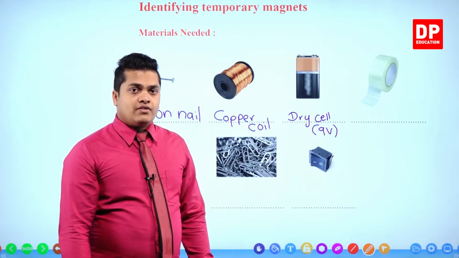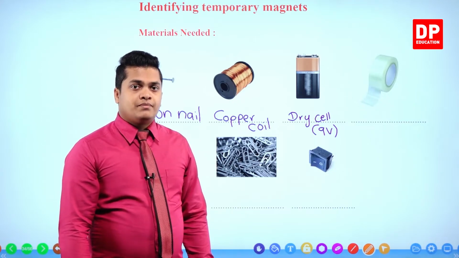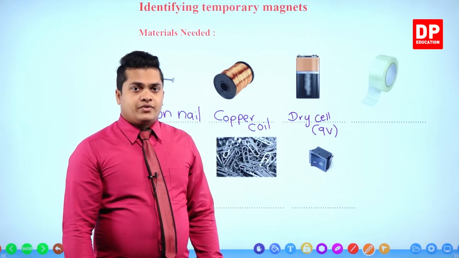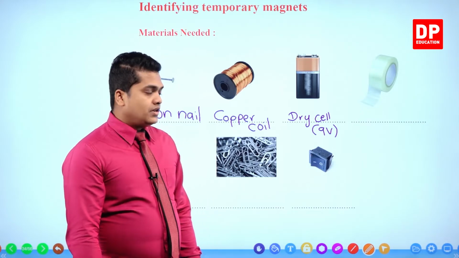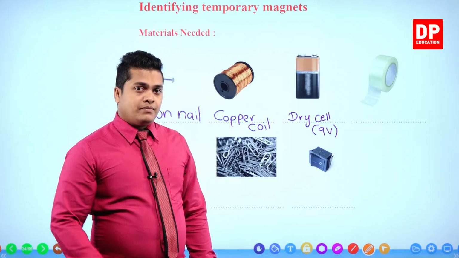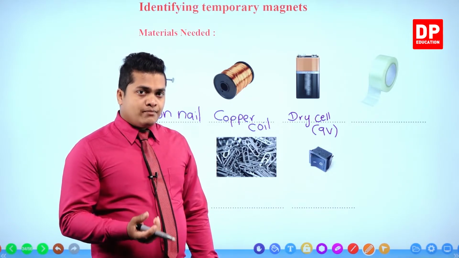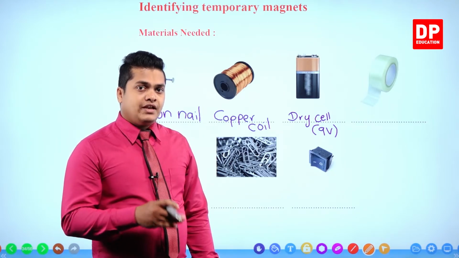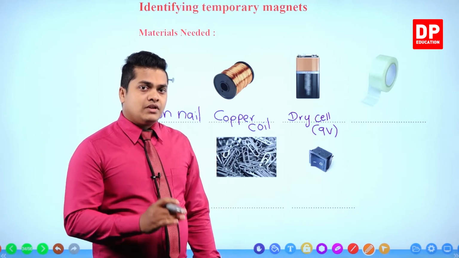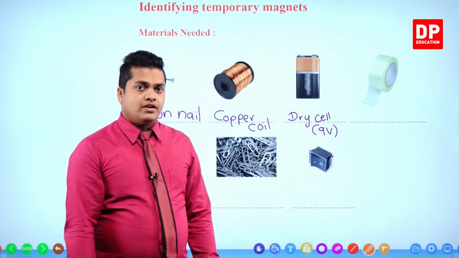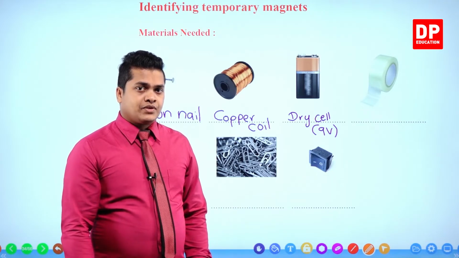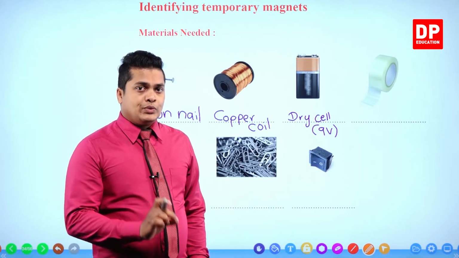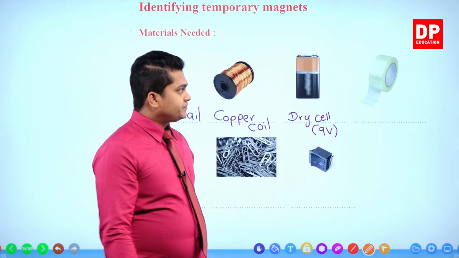If you don't have a 9 volt dry cell, then you can use simple AAA type batteries as well. A 9 volt battery is somewhat better because when providing more electricity, the magnetic field generated from the electromagnet, or the temporary magnet, would also increase.